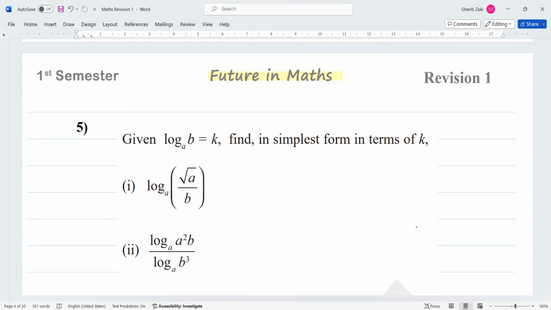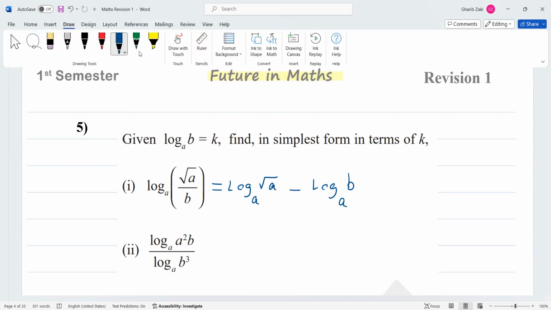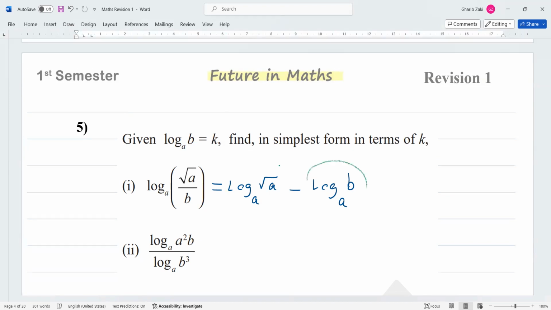Sorry, I go quickly to finish the revision in the time. So it's log the square root of a to the base a minus log b to the base a. Log b to the base a is k. So this log has value k.